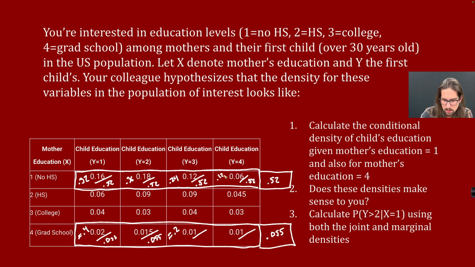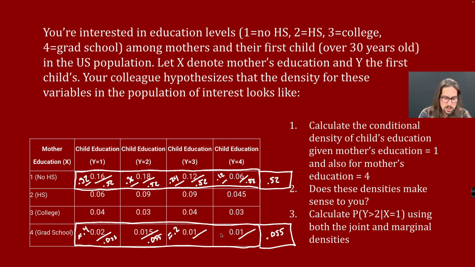Don't take these literally. Okay, so the next question is, do they make sense to you? So again, what do these numbers represent? These numbers here represent, in the population where mothers have no high school education, what is the distribution of childhood education? And we see that it's highly skewed towards low education.